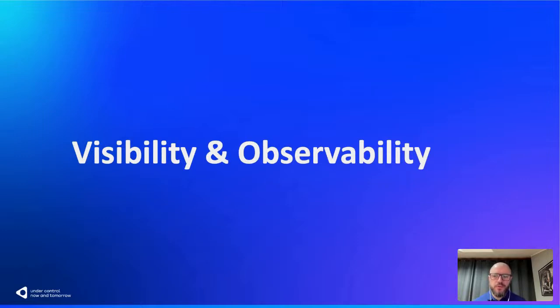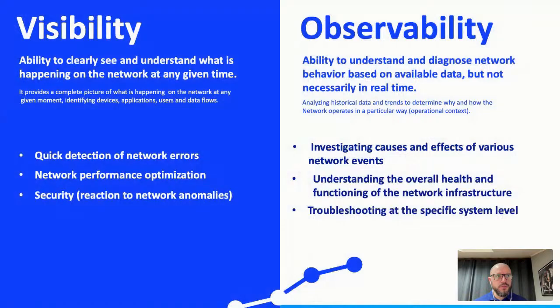Of course, we can monitor the network to detect the issues, to detect the downtime, and to do it as fast as possible. So in our solution, Sycope, it's possible to get network visibility. Network visibility means that we can easily and quickly detect network issues and errors.